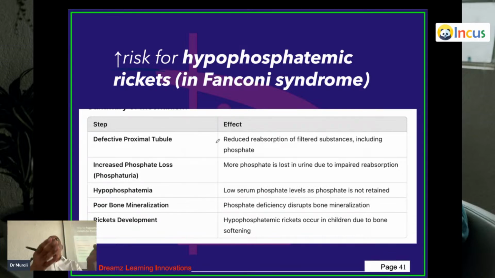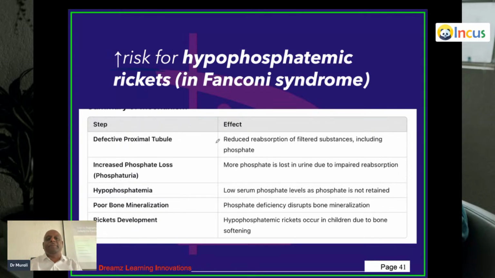Why? Because the proximal tubule is important for amino acid reabsorption, bicarbonate reabsorption, glucose reabsorption, phosphate reabsorption. The moment there is phosphaturia, phosphate is not reabsorbed in proximal renal tubular acidosis. Bone cannot grow without phosphate.